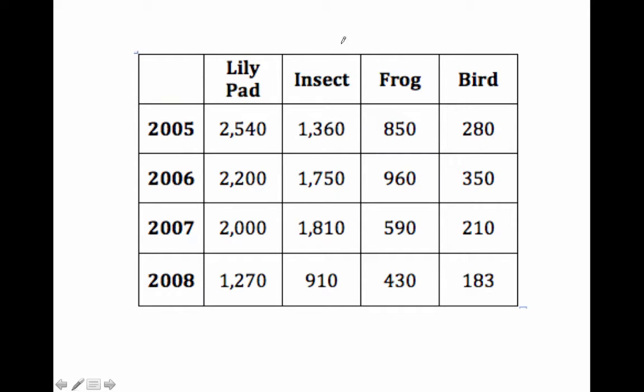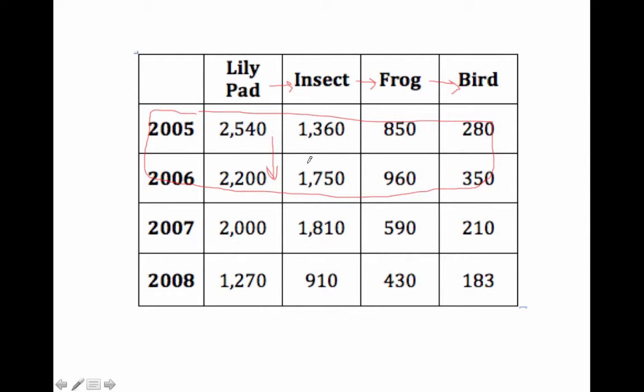Now if I'm looking at this food chain, lily pad gets eaten by the insect, gets eaten by the frog, gets eaten by the bird. We'll just say 2005 to 2006 to keep things simple. The lily pad from 2005 to 2006 decreased.